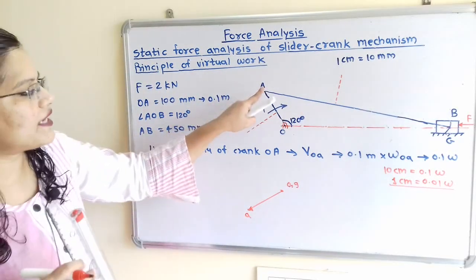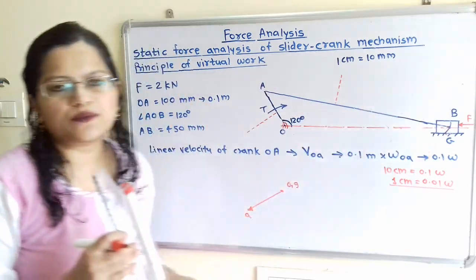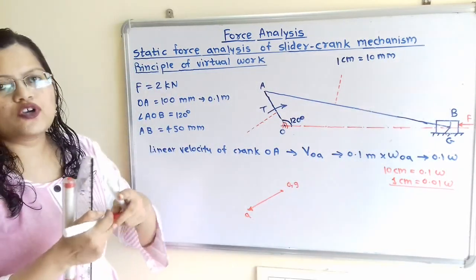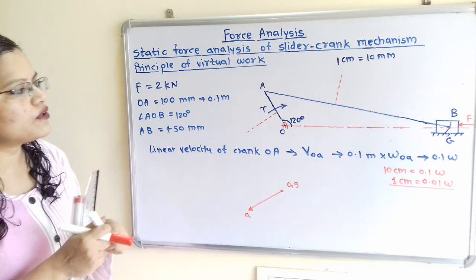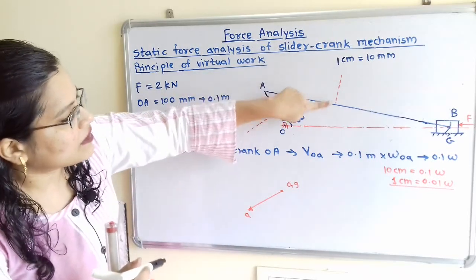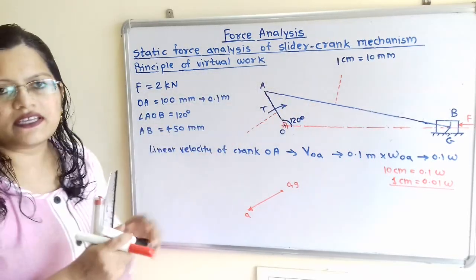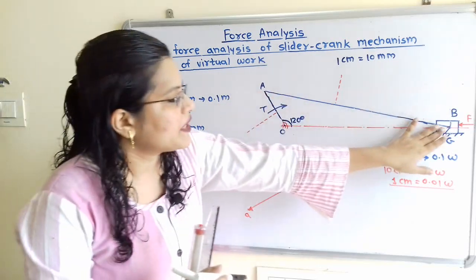Now point A is connected to point B. We don't know the direction, but we know the line. Along this line is the velocity of link AB.